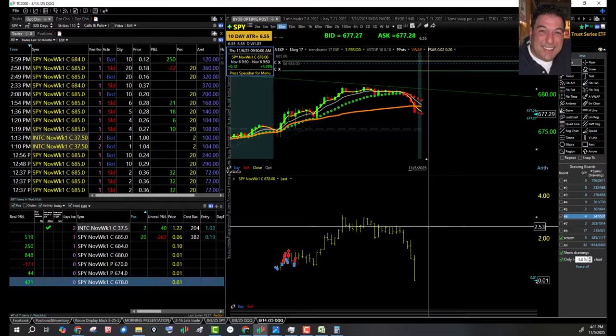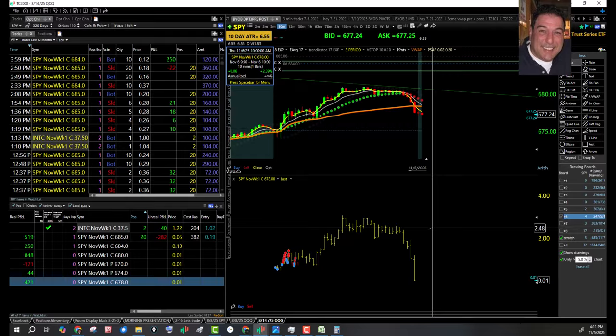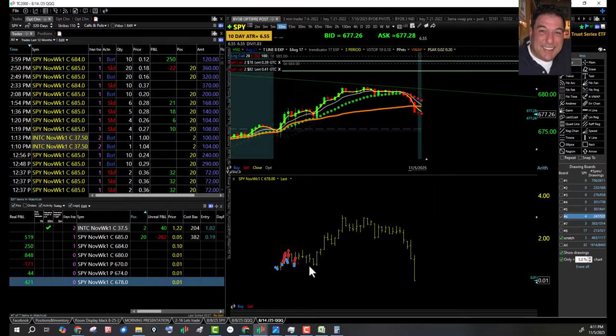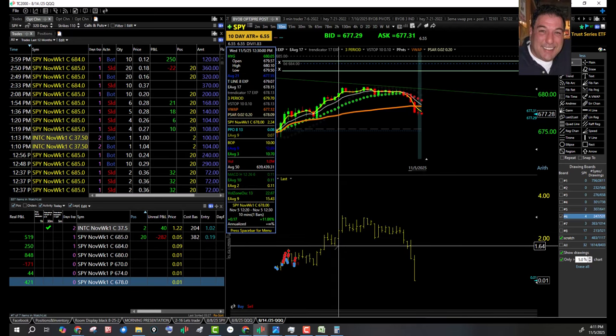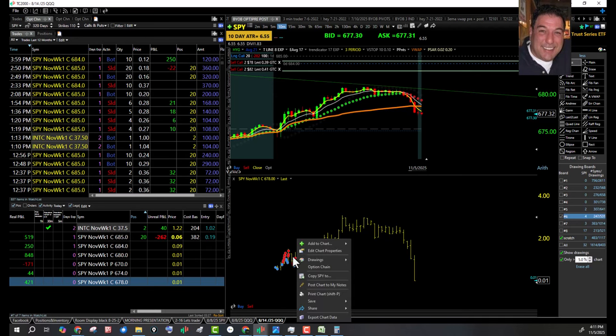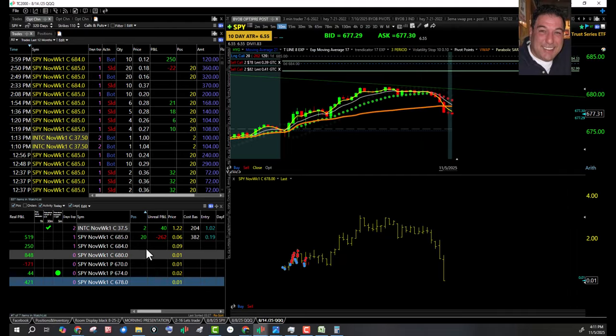So I only have 3,100 with which to buy contracts. Because of that, when they get pricey, like up here about $1.59, you can see I'm not interested anymore. So I've got to go find something more in my price range that I'm more comfortable defending. Okay, so there's how I made the money today.